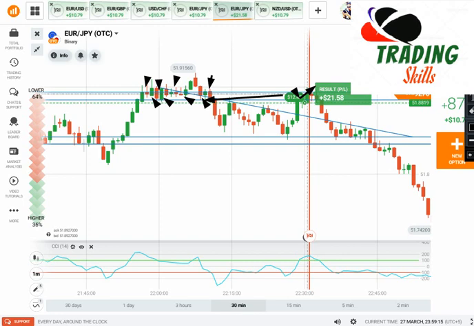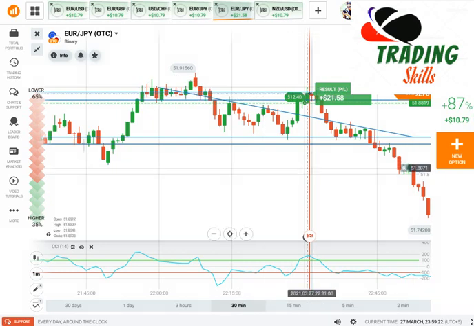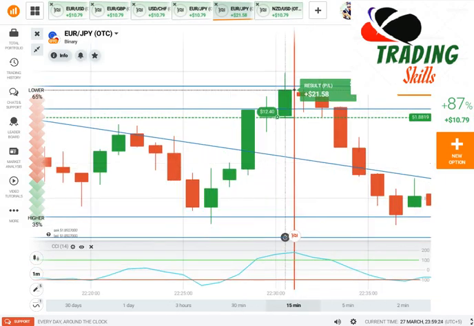So this whole area is a strong SNR. When this candle closed, you can see there is such a big gap to the level. So with this continuation sign I took my trade, and the next candle went up.